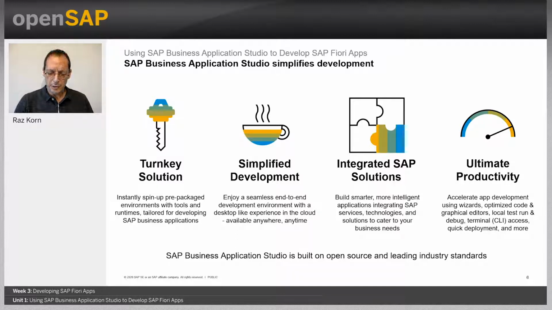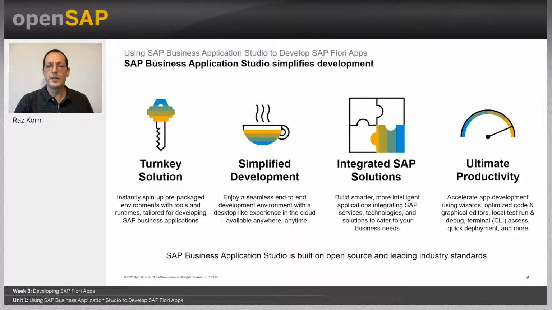The desktop-like experience in the cloud allows to efficiently develop, test, build, and run the solution. Integration with additional services and solutions on-premise or in the cloud and leveraging SAP technologies is a breeze.